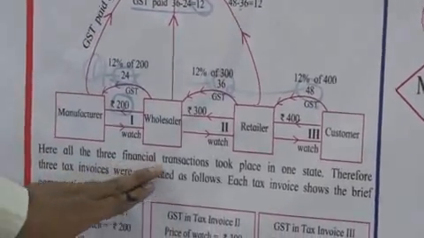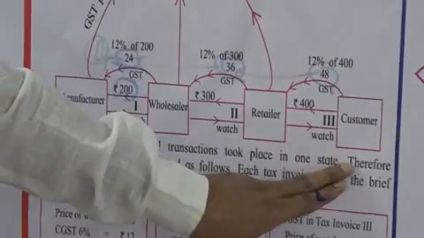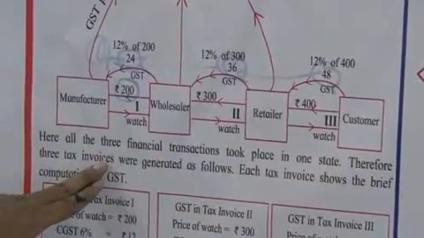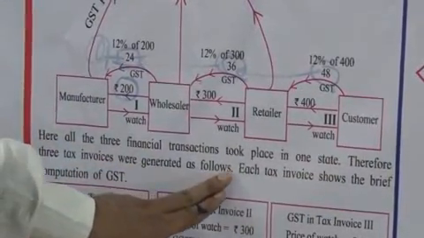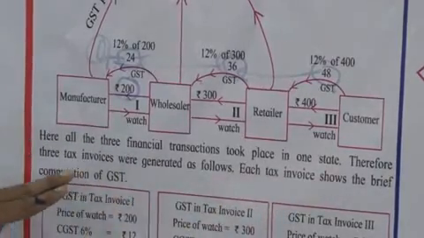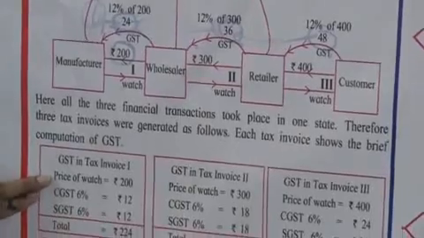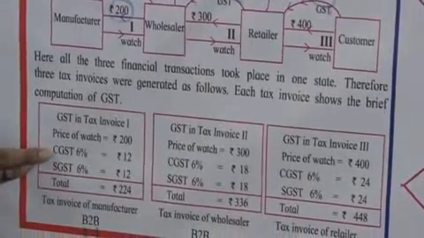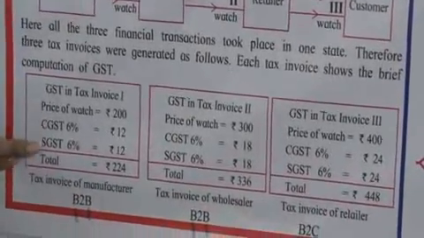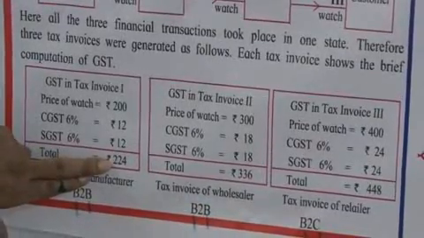Now here all three financial transactions took place in the state. Therefore, three tax invoices were generated as follows. Each tax invoice shows a brief computation of GST: price of watch, SGST, CGST, here 224.